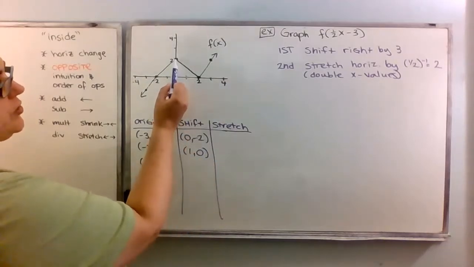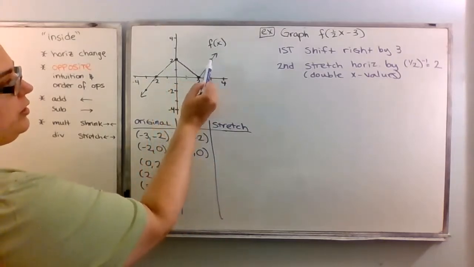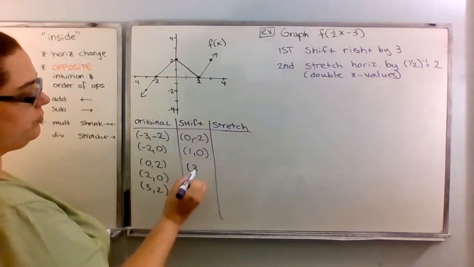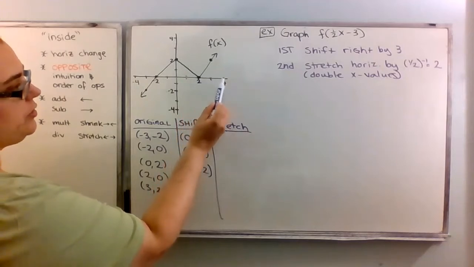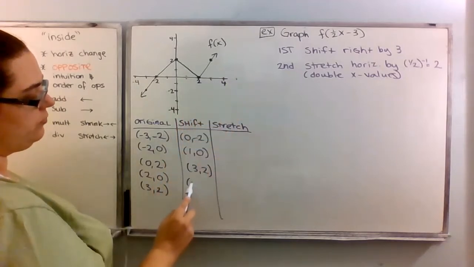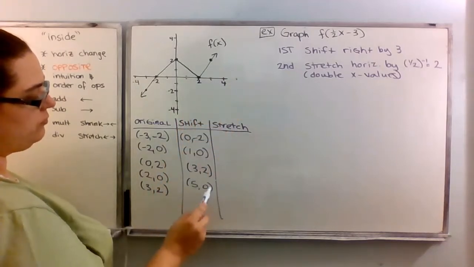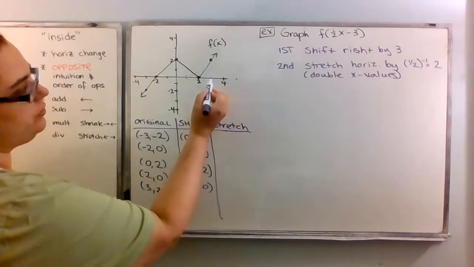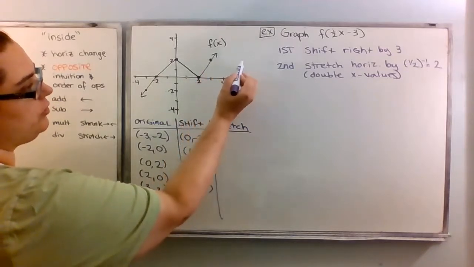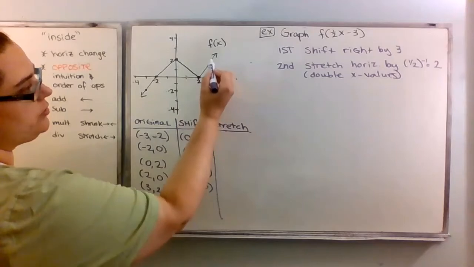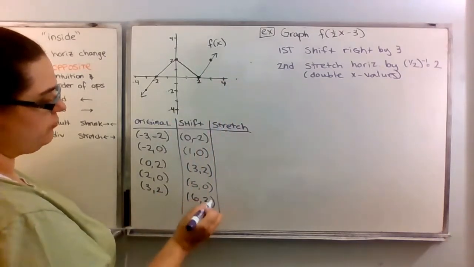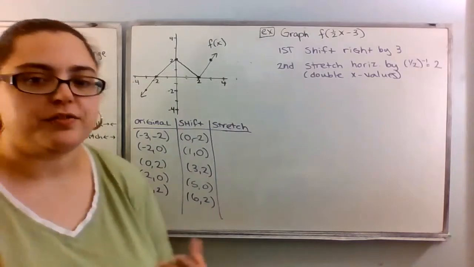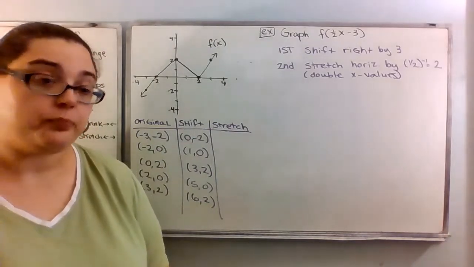So (0, 2) is going to become (3, 2). (2, 0) becomes (5, 0). And (3, 2), 1, 2, 3, so that's 3, 4, 5, 6, becomes (6, 2). So we see where each of those points are going to be shifting to.